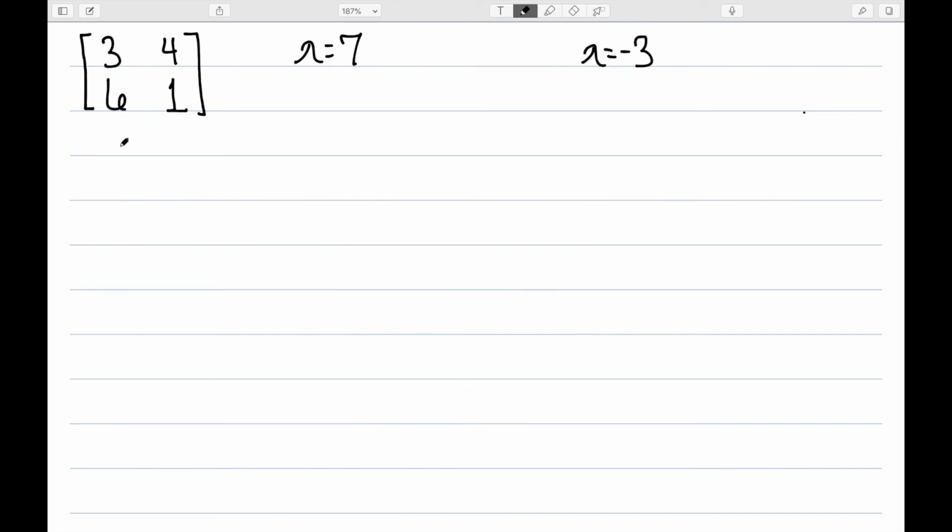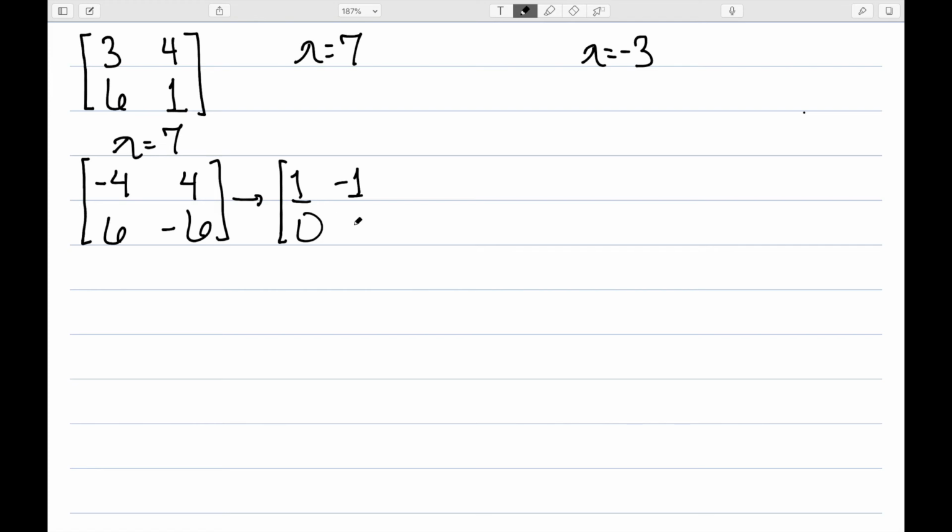Let's try to find the eigenvector corresponding to 7. We need to subtract this from the diagonal. So 3 minus 7 is negative 4, 4, 6, and 1 minus 7 is negative 6. We row reduce this to get 1, -1 in the first row and 0, 0 in the second.